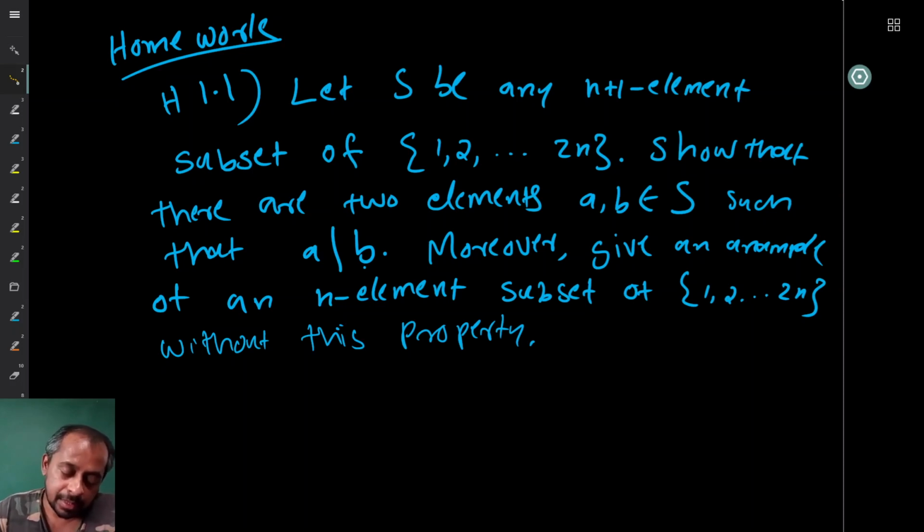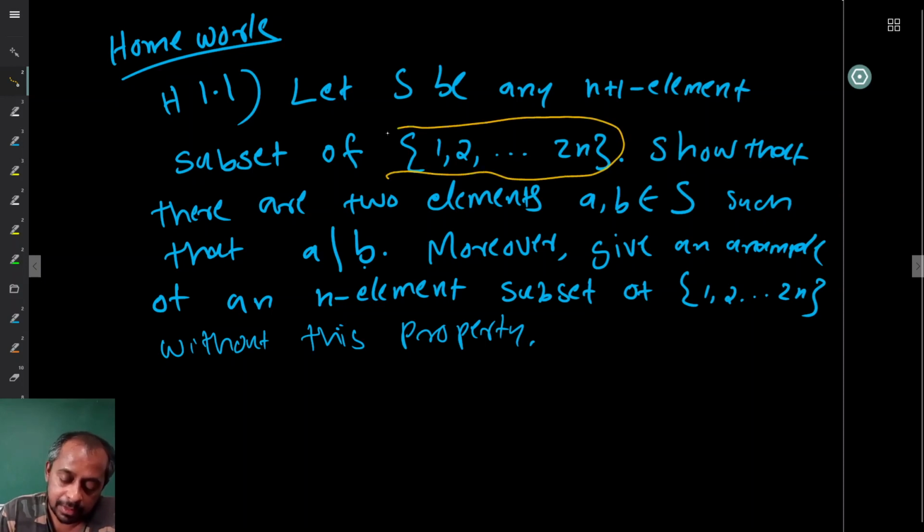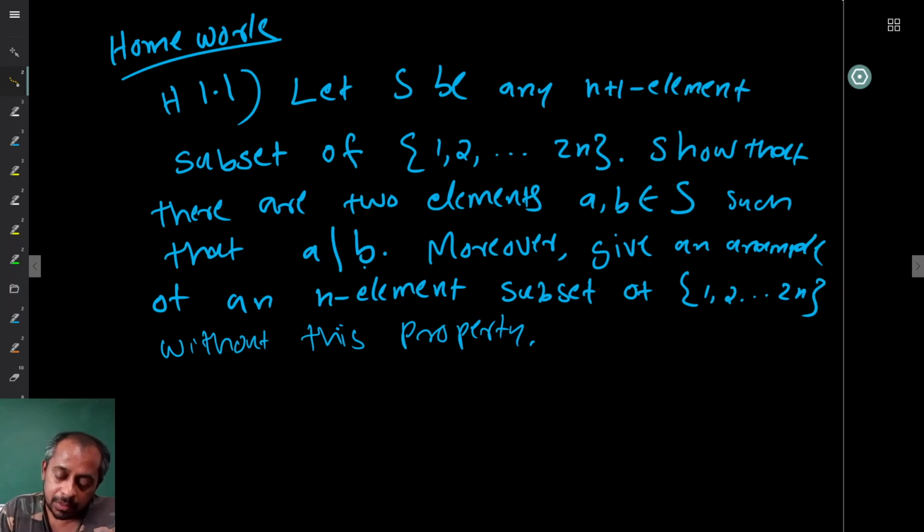First question: let S be any n plus 1 element subset of the set 1 to 2n. So you have an n plus 1 element subset of 1 to 2n, where 1 to 2n is a precise 2n element set. Show that there are two numbers a and b in S such that a divides b.